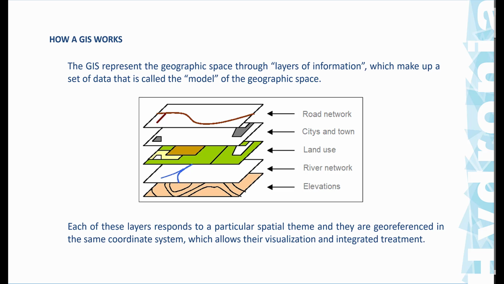A geographic information system is implemented by making the abstraction in which the elements or components of a system are represented by georeferenced spatial information layers.